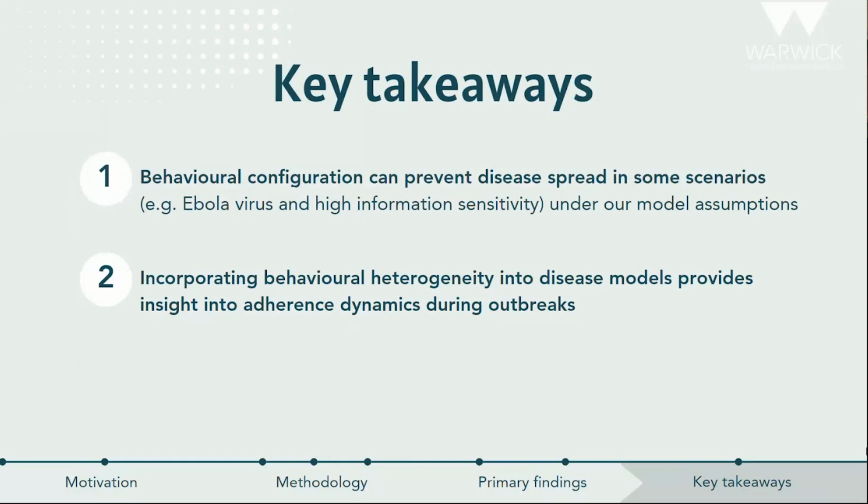In some systems, depending on your behavioral configuration, even if you were the most accepting of the vaccine, it still might not end up well. The second point I'd like to make is that incorporating behavioral heterogeneity into infectious disease models is important in understanding how individuals adhere to the vaccine.